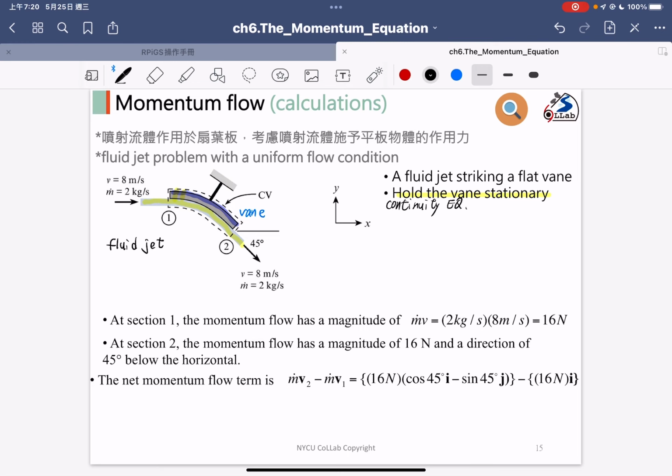And we know that rho A1 V1 equals rho A2 V2, and the A1 cross-section area multiplied by velocity 1 equals A2 multiplied by velocity 2. So A1 V1 is our inflow here, and A2 V2 is our outflow.